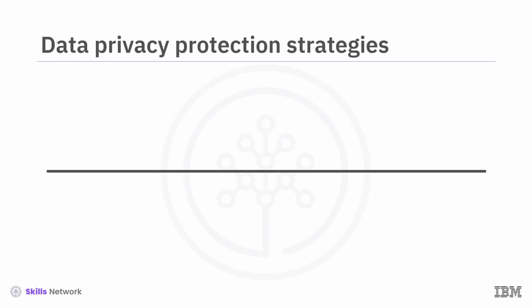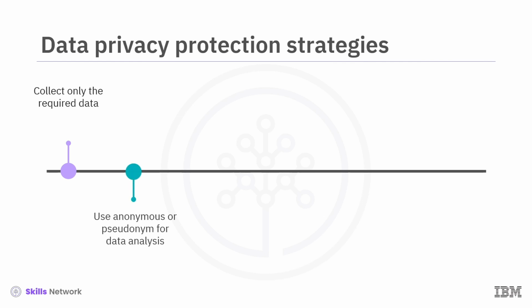Designing effective data privacy protection strategies begins with data minimization. Collecting only the required data for educational purposes restricts the scope of data exposure. Using anonymous or pseudonym information, or removing or masking learners' personally identifiable information, or PII, helps protect learners' identities in data analysis.